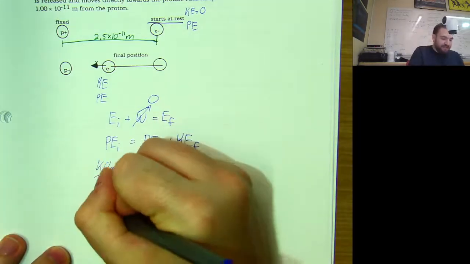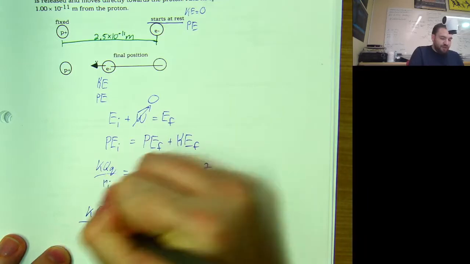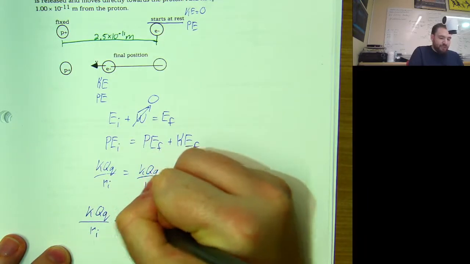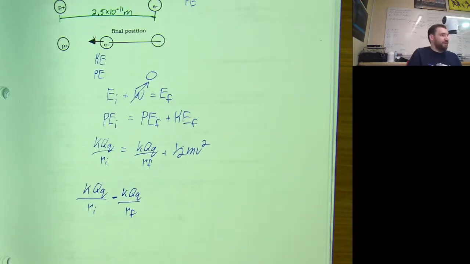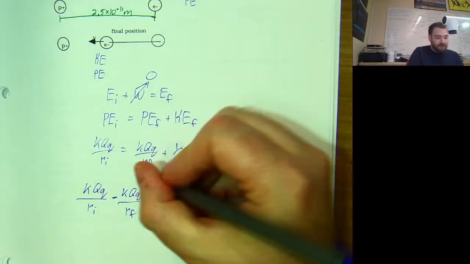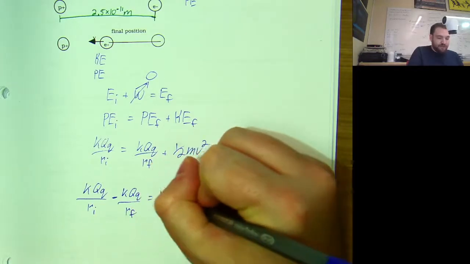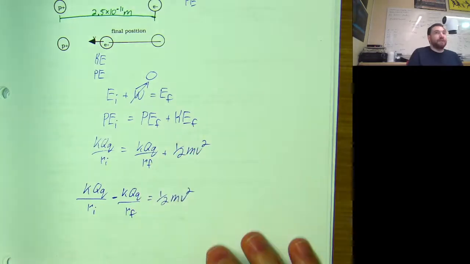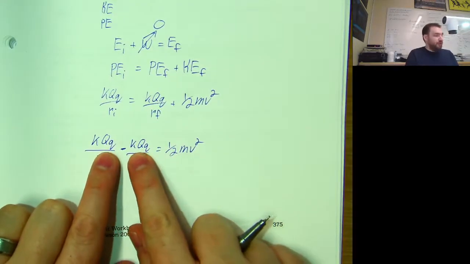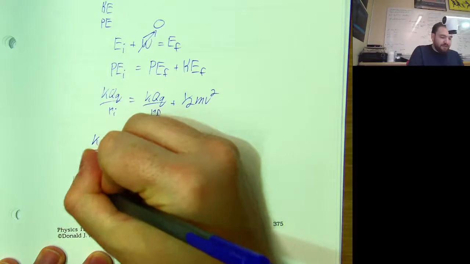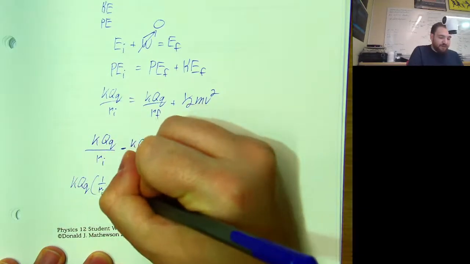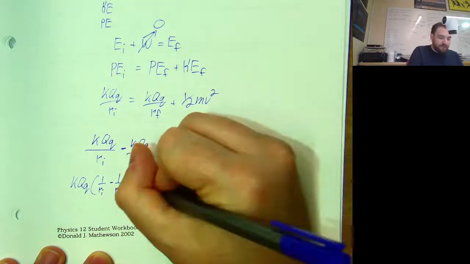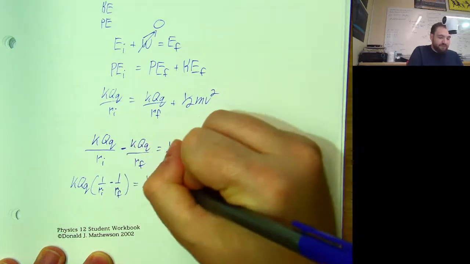So we're going to get kQq over Ri minus kQq over Rf. I've seen a few of you do this, and I just want to expose the rest of you to the fact that you can make your math look a lot nicer by not plugging in values so quickly. On this side, I can factor out kQq, and I'm going to get kQq times (1 over Ri minus 1 over Rf) equals 1/2 mv squared.